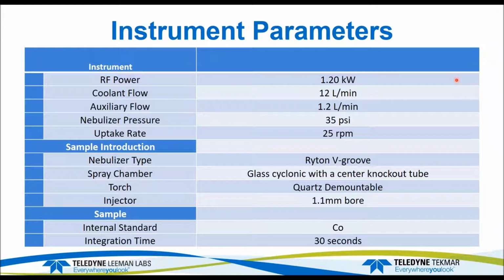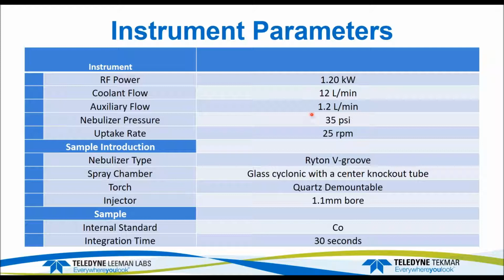So, instrument parameters. You can see these are going to be somewhat repeated. The difference here is, as we said before, I like to run everything at about 1.2, and these are going to be dissolved in kerosene. So 1.2 is good. We went really low on the coolant flow, and that'll probably be the difference between these different applications.